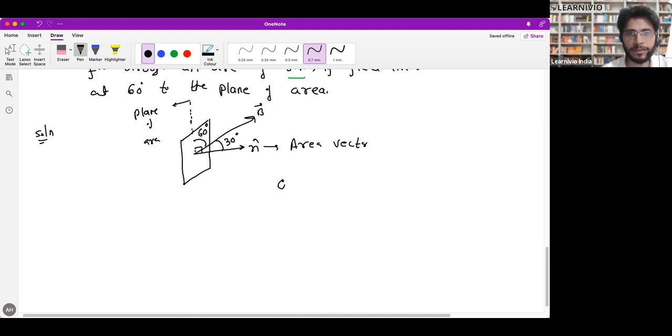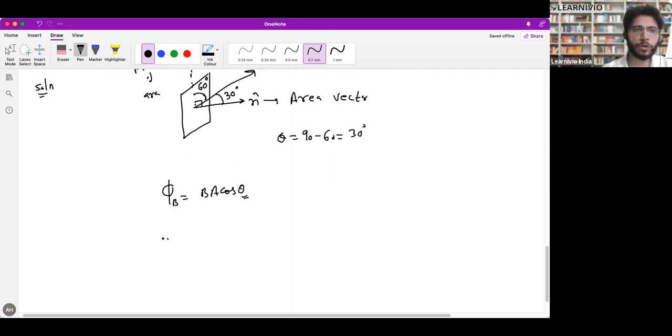You can write theta is 90 minus 60, equal to 30 degrees. Don't get confused with this theta. It is not the angle between magnetic field and plane of area. If the angle with the plane is given, subtract it from 90 degrees to get the angle with the normal.